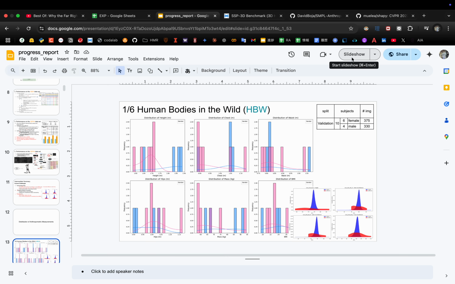So first, we would like to examine the BMI distribution of these two data sets.